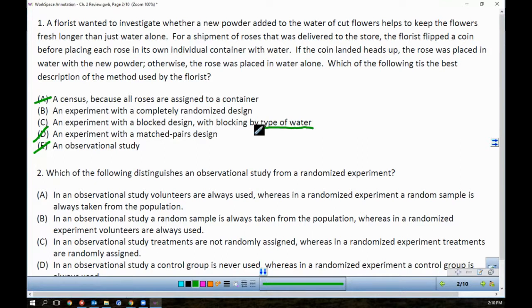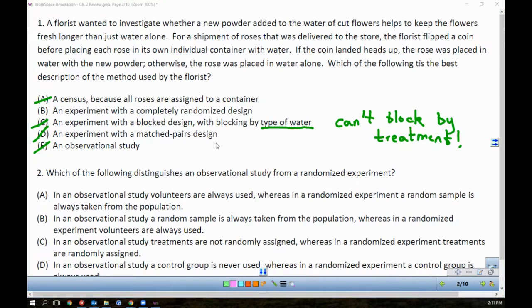We can't block by our treatment. So C is out. That leaves us with B as our answer. So B is the correct answer.